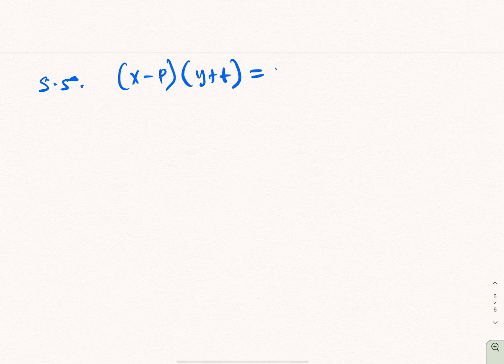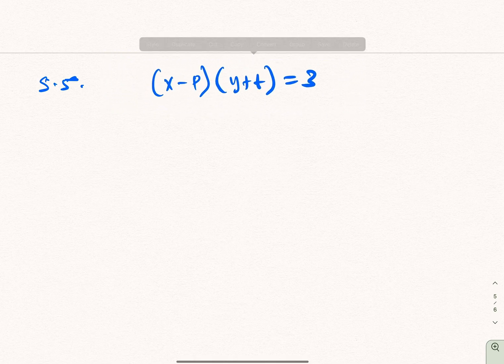You are given (x minus P) into (y plus T) is equal to 3. This is the equation of g. This is the equation of g of x. It is given as that, and you need to get the values of P and T.